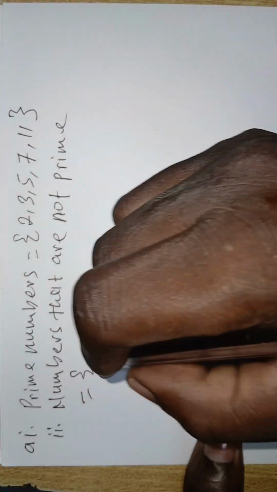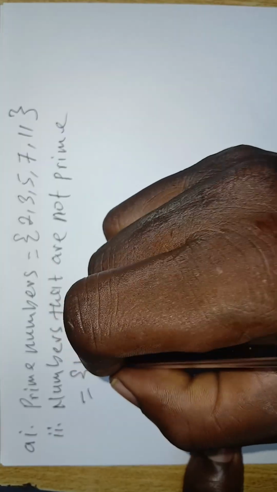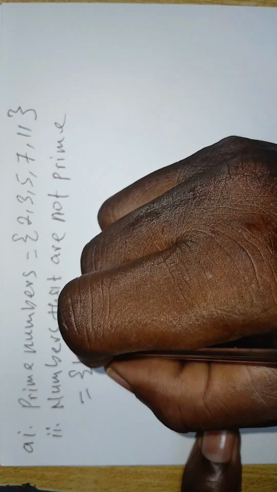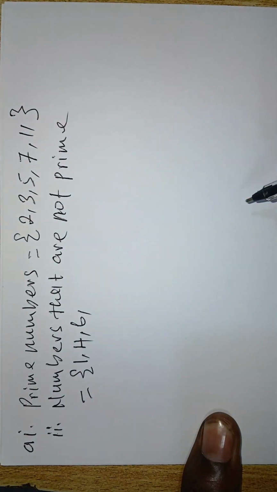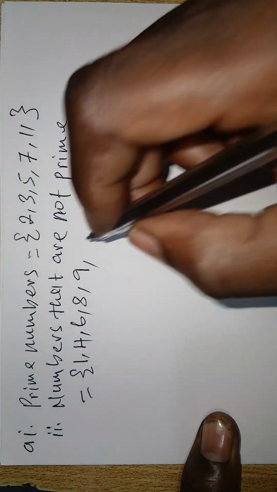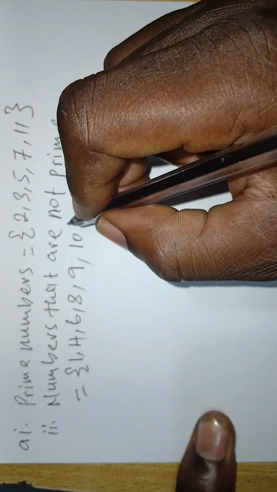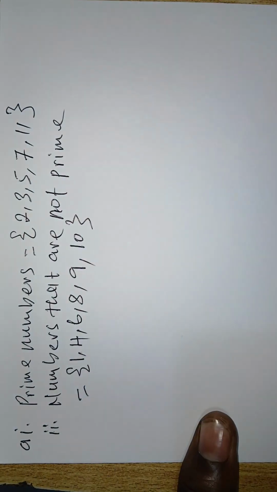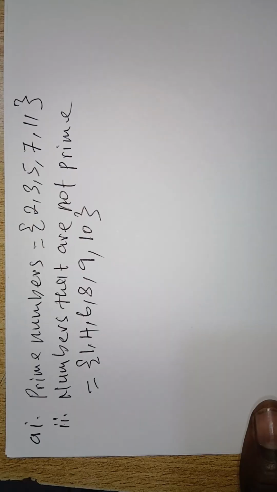So the universal set is 1 to 11. So 1 is not a prime number. 4 is not a prime number. 6 is not a prime number. 8 is not a prime number. 9 is not a prime number. And 10 is not a prime number. Good.